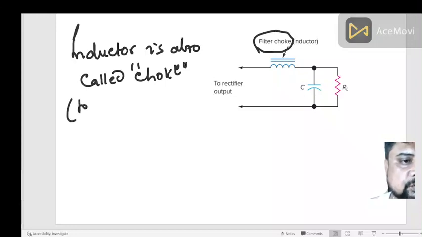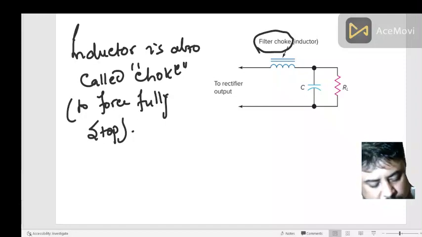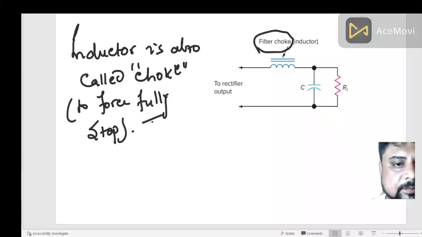If you are forcefully stopping someone's breathing, it is called choking. So this is a term used for forcefully stopping the flow of something.